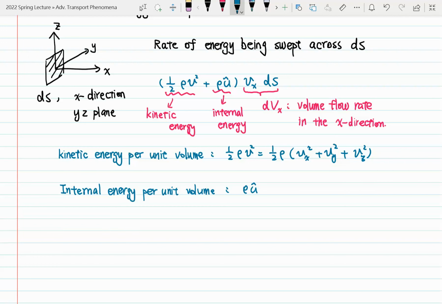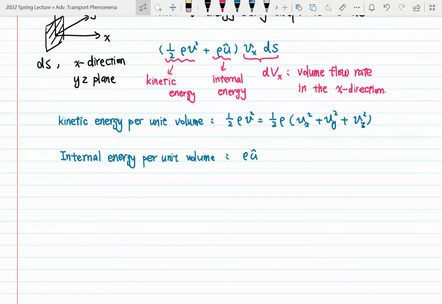So if we look at this in three dimensions, we can construct a three-dimensional convective energy flux vector. So this is only in the x direction, right? Let's take a look at the 3D case.